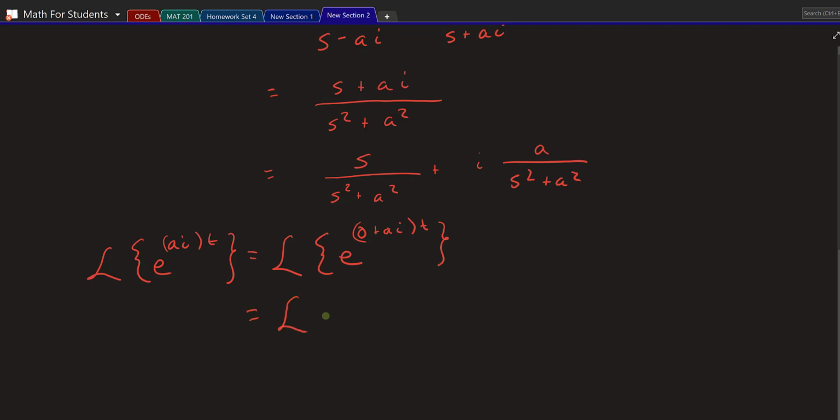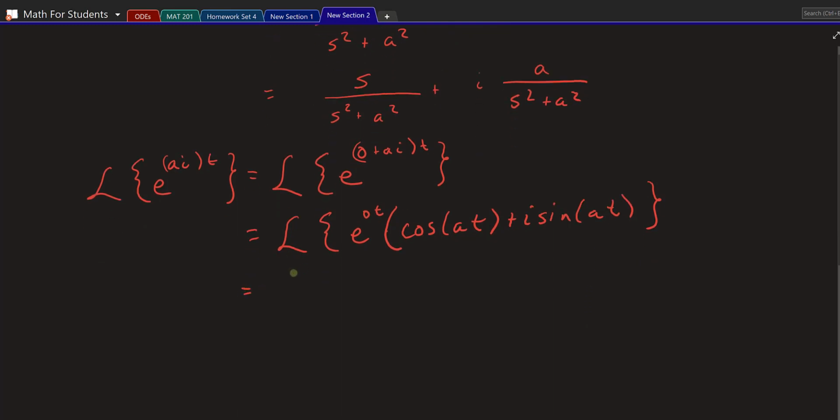And Euler's formula says we can rewrite this as e to the 0t, which is just 1, that's why we didn't need to write it, times the cosine of at plus i sine of at. Let's drop that e term, since e to the 0t is just 1.